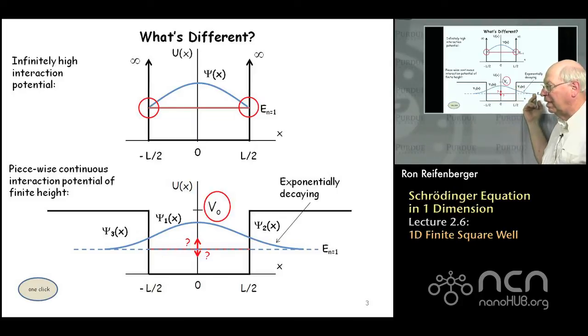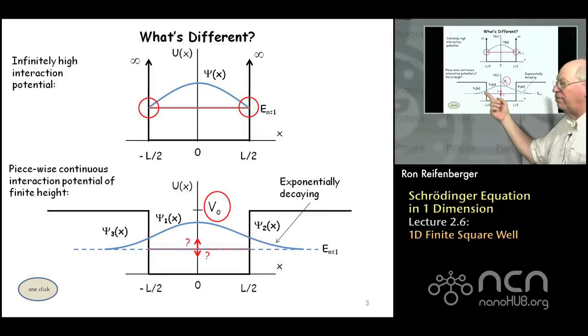It can actually tail off. It will exponentially decay to 0 as we go to values of x which are far from the boundary region. So this piecewise continuous potential then gives rise essentially to 3 piecewise continuous wave functions.